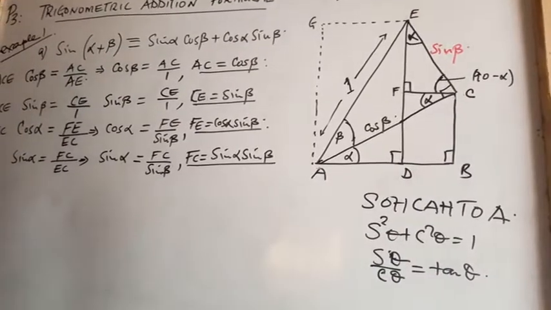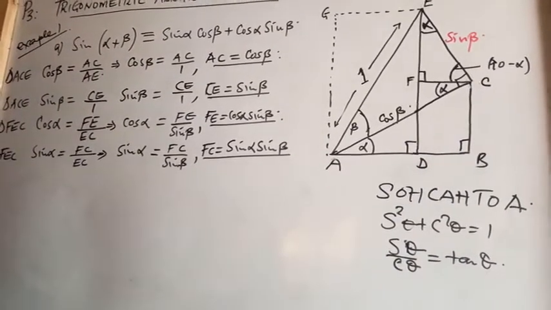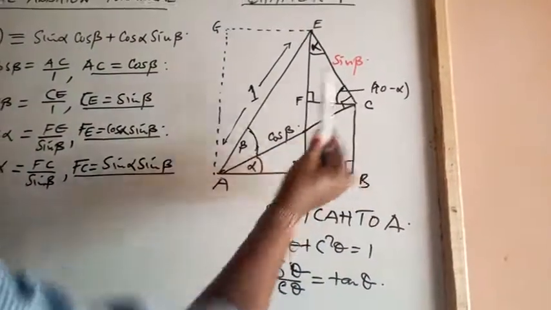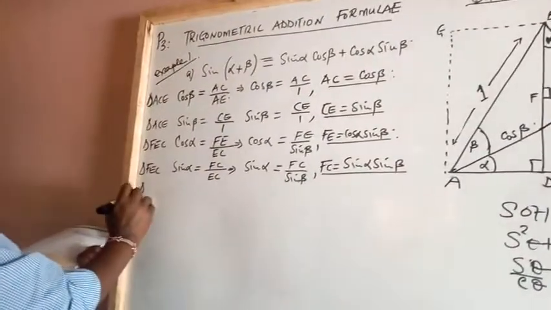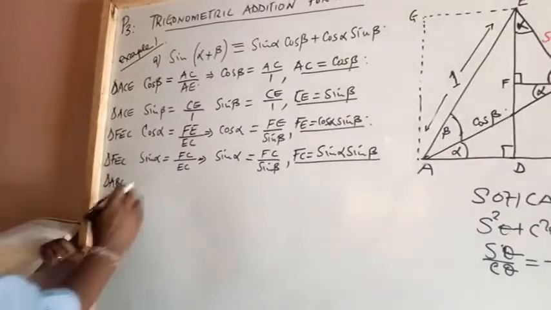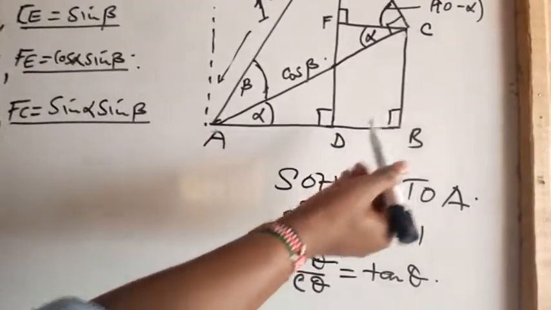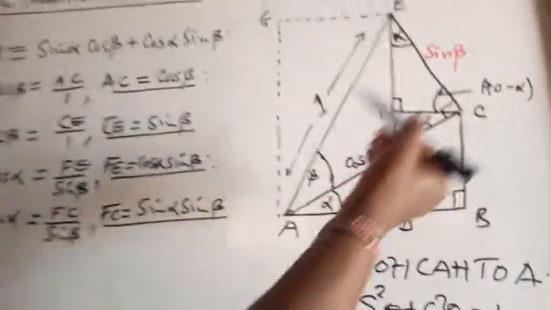Again, we can already see that in triangle ABC, the sine of alpha is opposite BC over the hypotenuse AC.